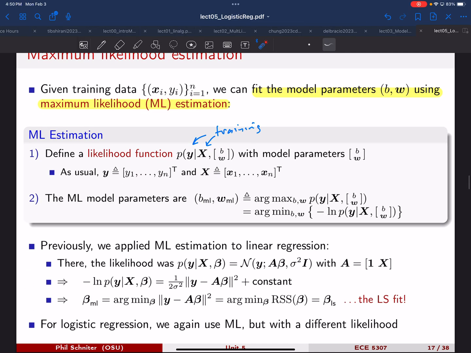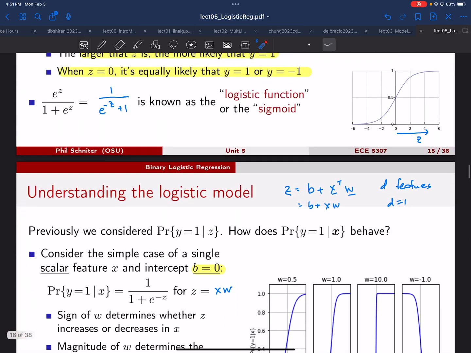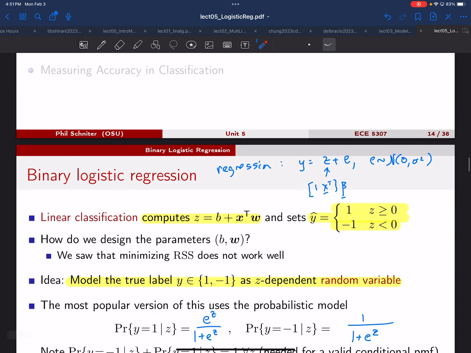The second thing we need to do is we need to find the b and the w that maximize that likelihood. We said often it's more tractable to minimize the negative log likelihood. And just as a quick recap of how we apply this to linear regression, we first said that the likelihood in that case was, remember this is the linear regression model here, with white noise, zero mean, variance sigma squared.